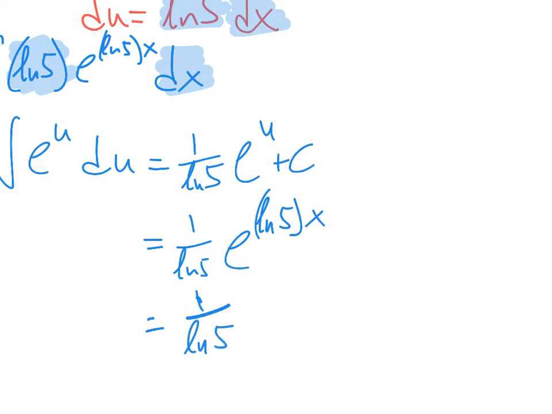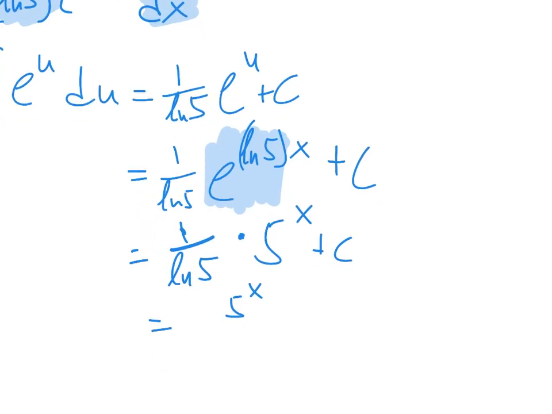And then this part right here is just 5, so times 5 to the x. That x is an exponent there. Plus c. Or we can say 5 to the x all over ln 5.